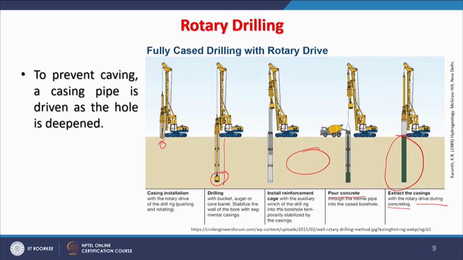Now, a pump has to be started or installed. To prevent caving, a casing pipe is driven as the hole is deepened, because sometimes there might be small caves or a gap, and if it is there, it may create a collapse kind of situation in the well, and therefore to that depth the casing is very much required.